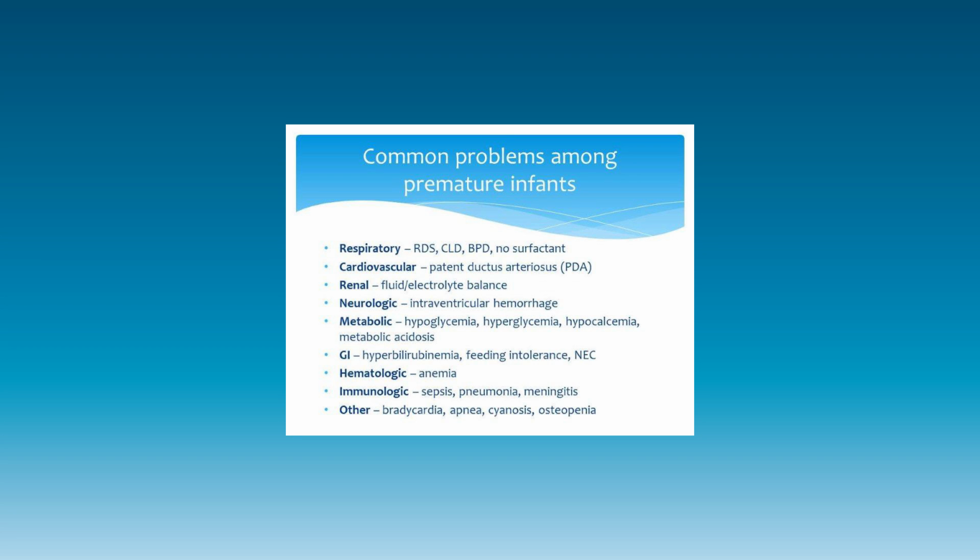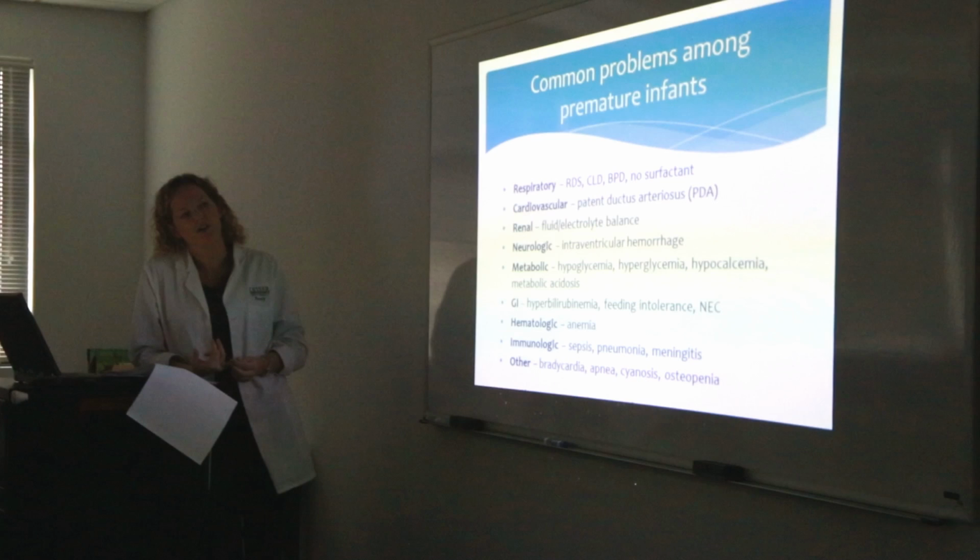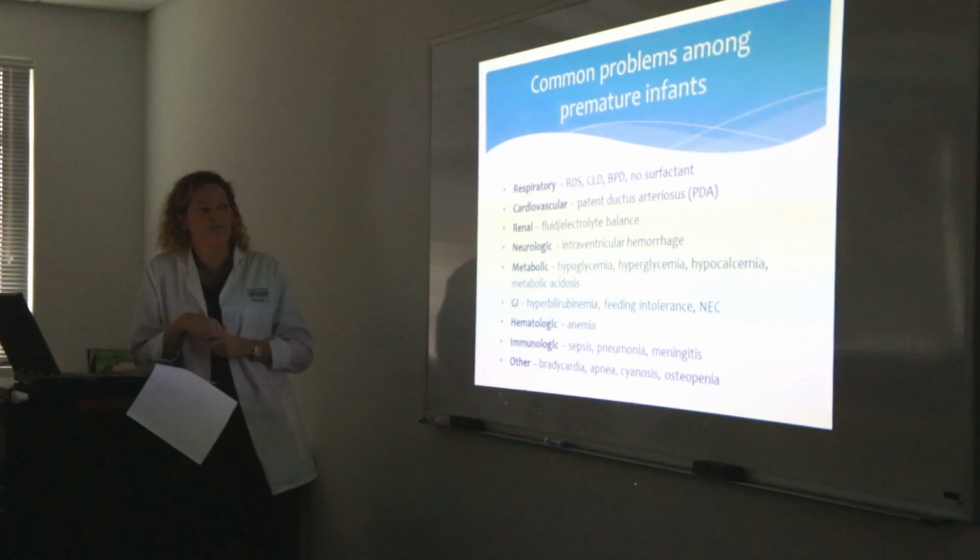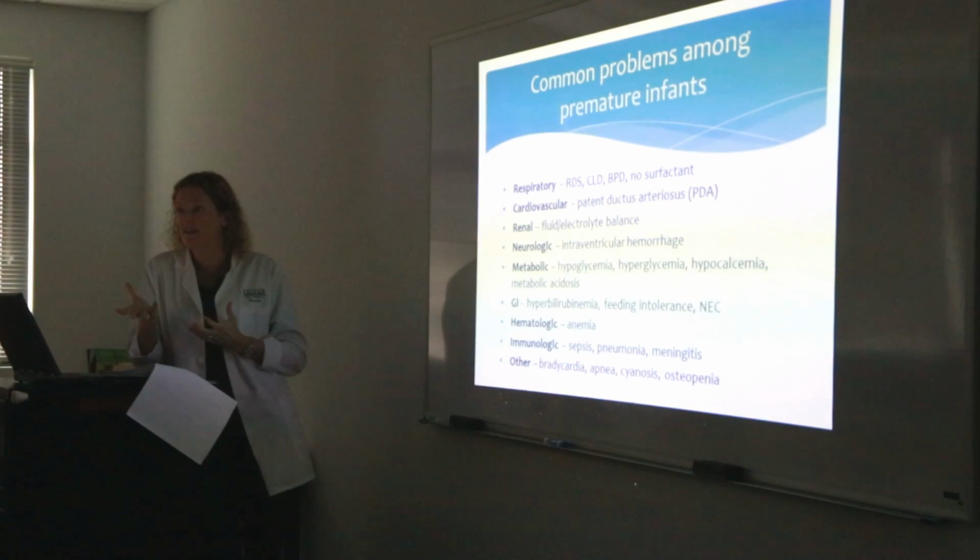Renal issues. They have immature kidneys that can cause fluid and electrolyte imbalances. And when you're talking about a 2-pound infant, those imbalances can be very dangerous. They can have intraventricular hemorrhaging, which is bleeding in the brain, hyperglycemia, hypocalcemia, metabolic acidosis, hyperbilirubinemia, feeding intolerance. They may not have swallowing and sucking function developed yet. NEC, which is necrotizing enterocolitis, which is just what it sounds like, inflammation and ischemia of the gut.